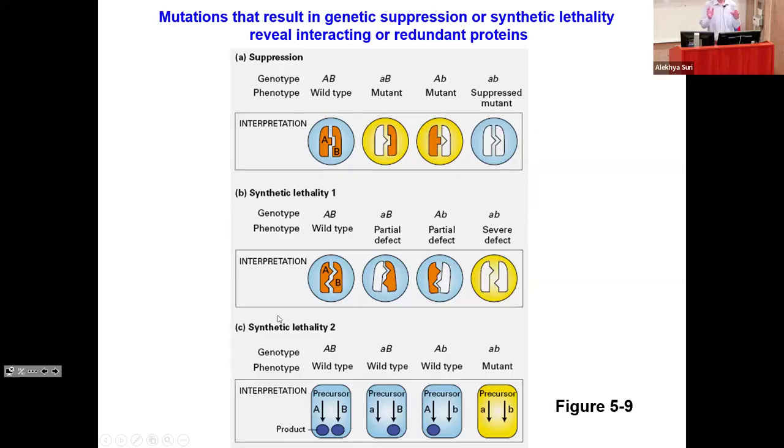But if you combine the two mutants in one organism, one cell, you would see a severe effect on cell growth. They may not grow at all or very slowly. So this is called synthetic lethality.